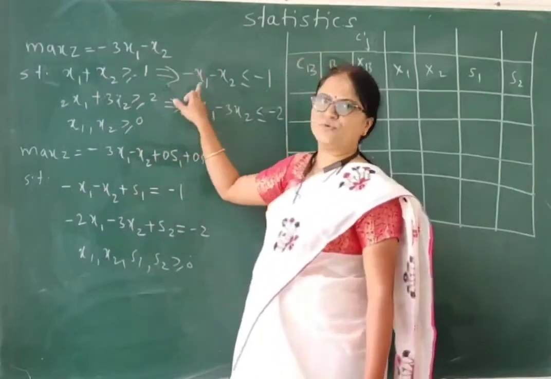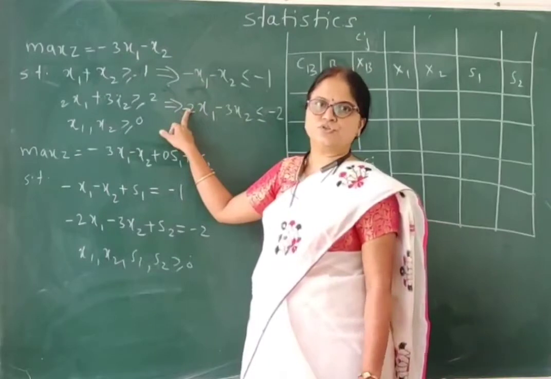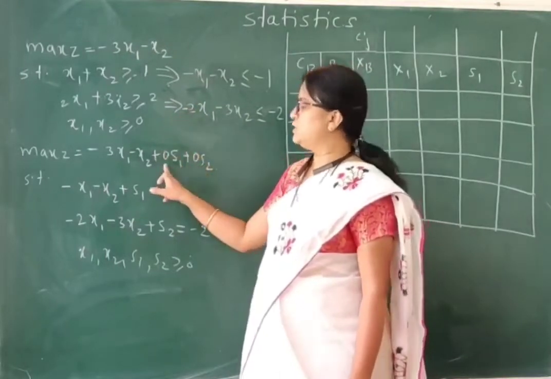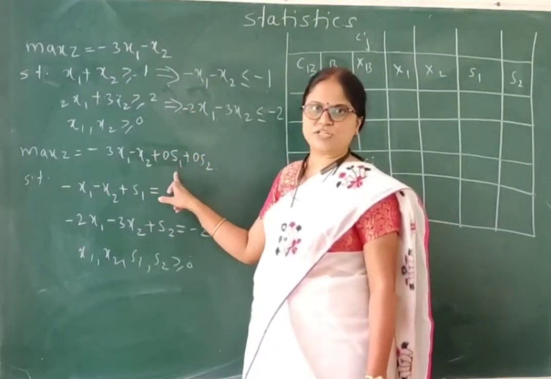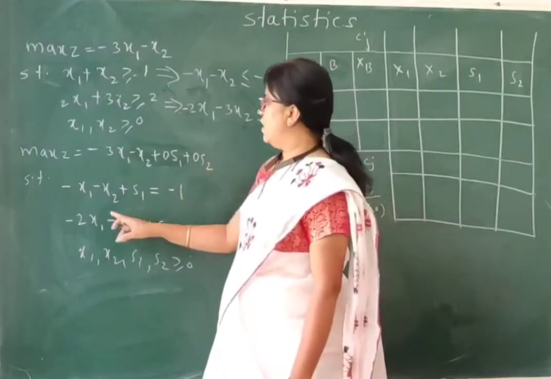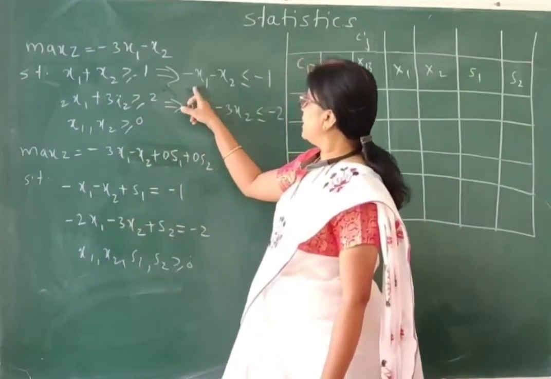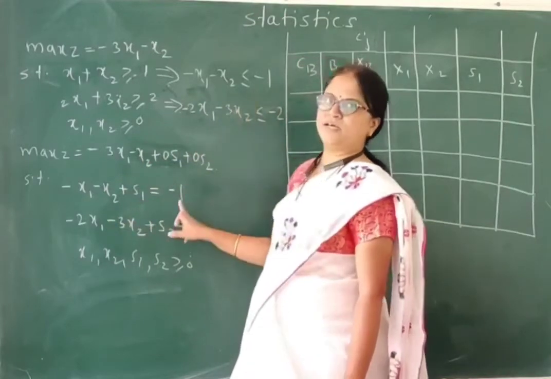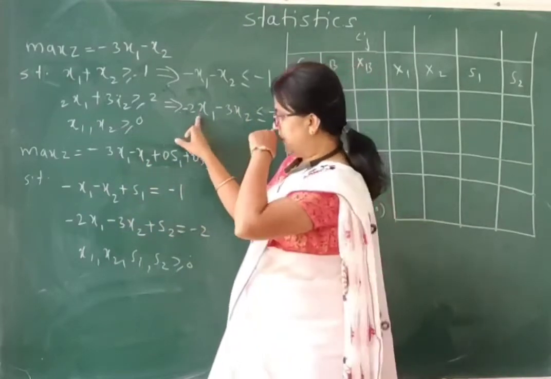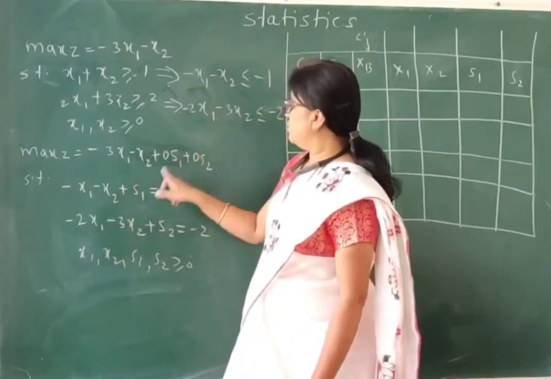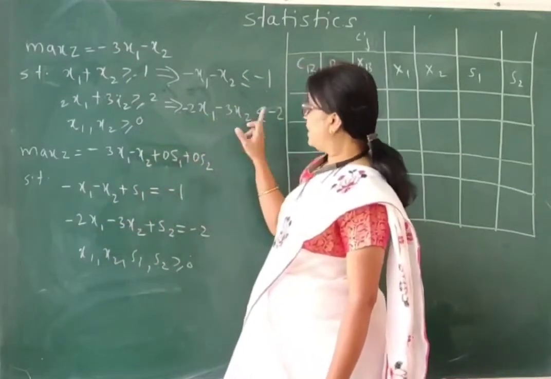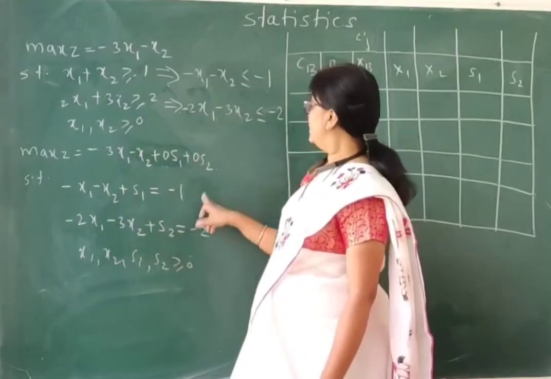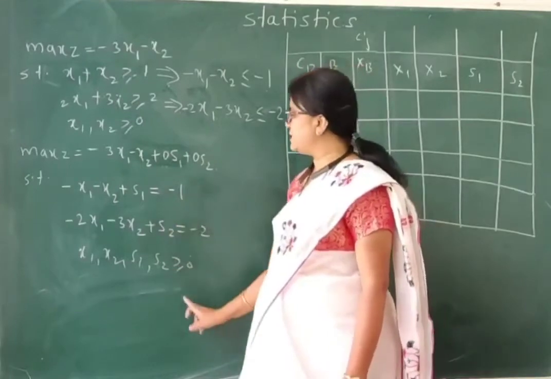Since I have two constraints, we are introducing two slack variables with 0 cost, so plus 0s1 plus 0s2. In my first constraint, minus x1 minus x2 plus s1 is equal to minus 1. And the second constraint, minus 2x1 minus 3x2 plus s2 is equal to minus 2. So this is my standard form.